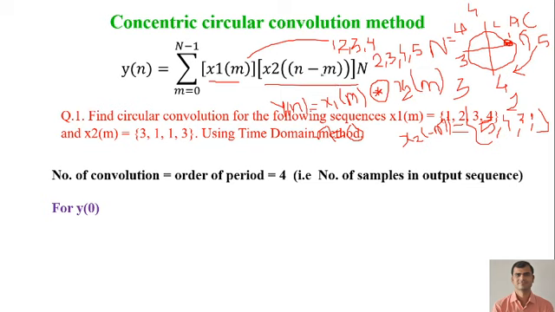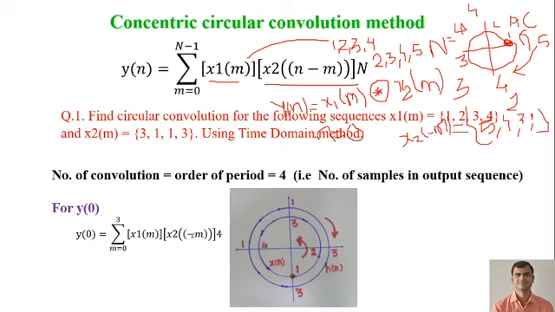You draw the sequence of x2 of m in the reverse direction of what you have taken for x1 of n, and read the sequence of x2 of n in the same direction as x1 of n. So we will be getting it like this. Here it is x1 of m, x2 of minus m. I have considered x1 of m as x of n, and x2 of m as h of n.